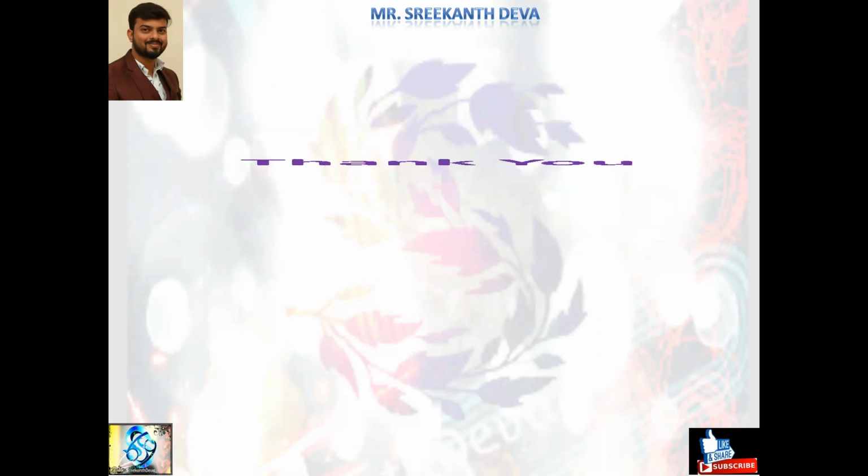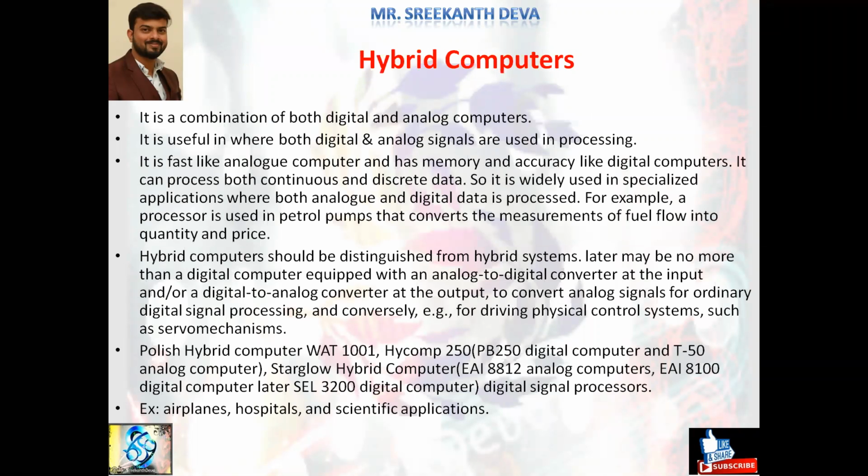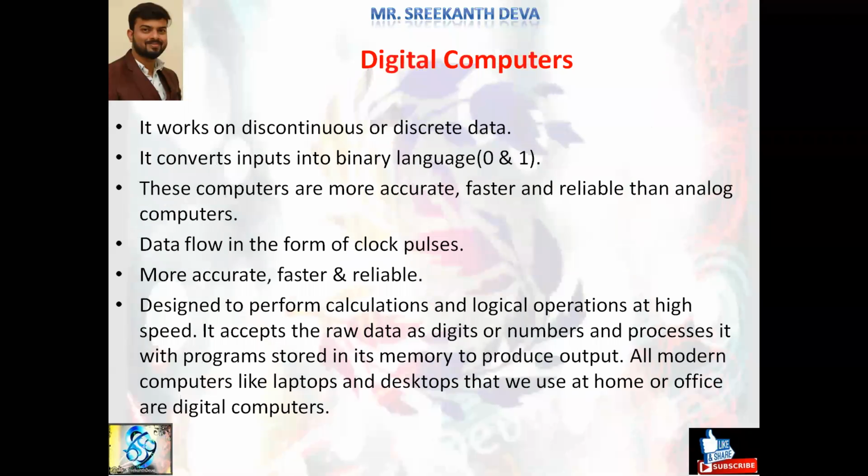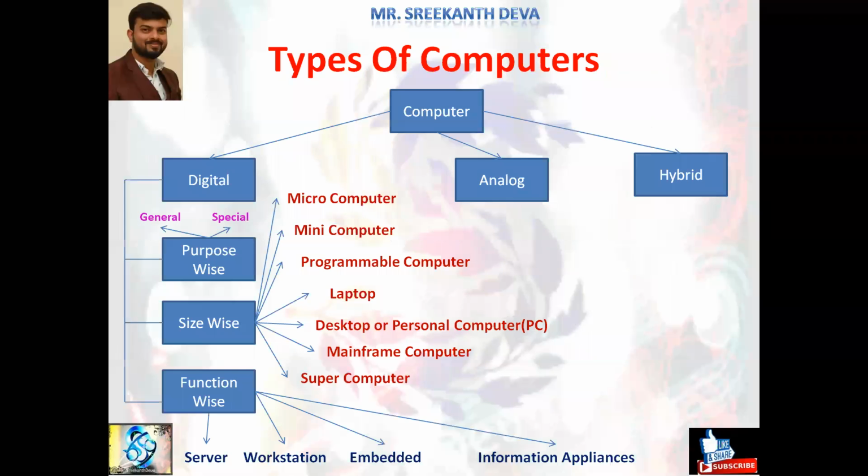Okay, today we discussed in detail different types of computers, especially digital computers. I explained very clearly in the previous videos about each purpose wise, size wise, and function wise. If you missed that session, I have given the link in the description. Just go through that session in detail about digital computers.